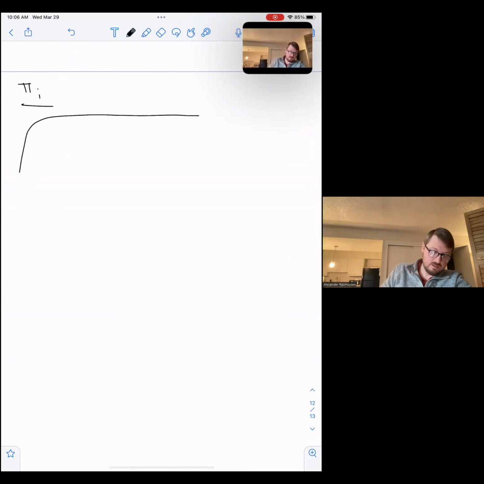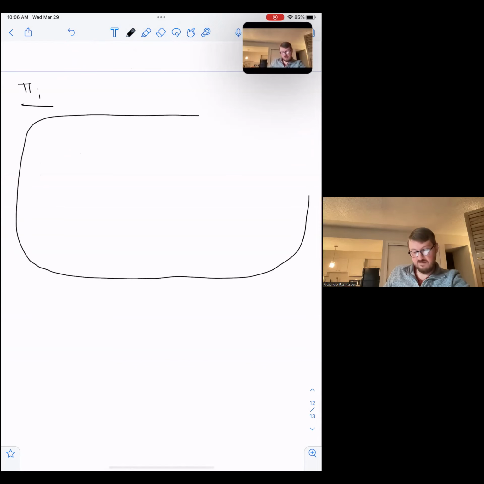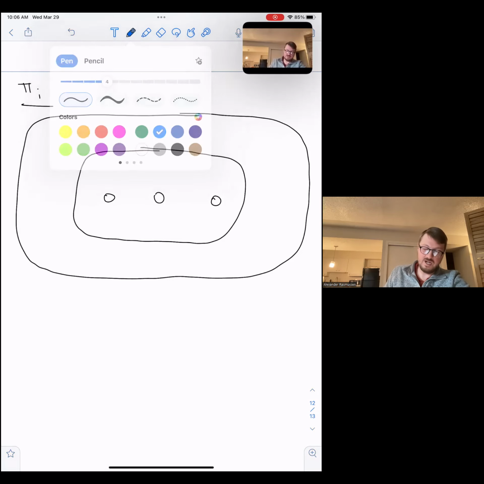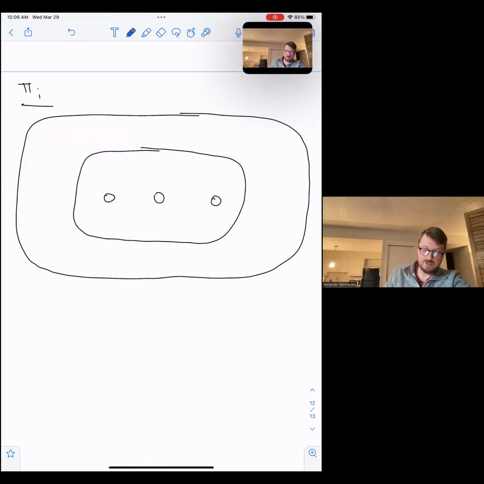So let's study maybe the first two surfaces in our exhaustion, x1 and x2. Maybe they look like this. So let's just assume they're planar surfaces. So x1 has 4 boundary components and x2 has some more.